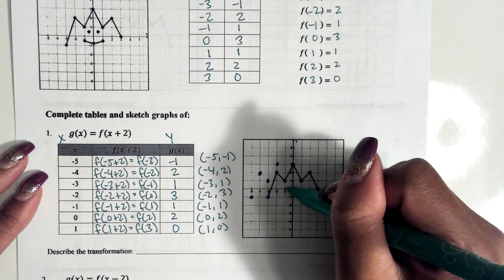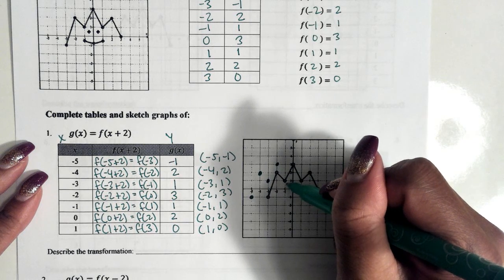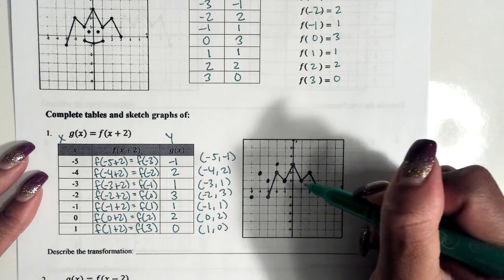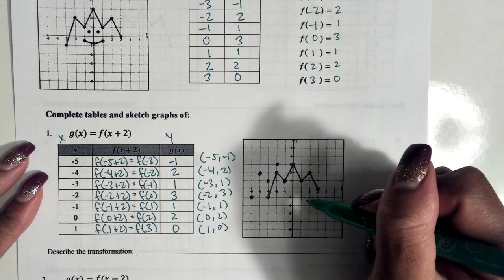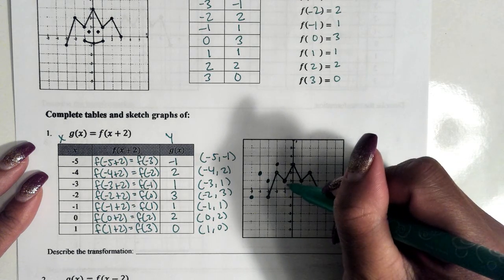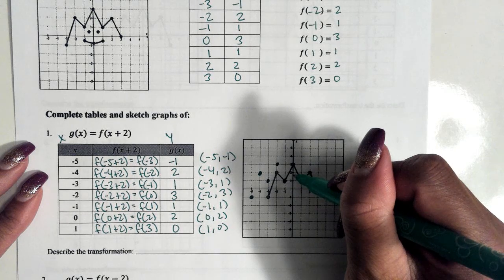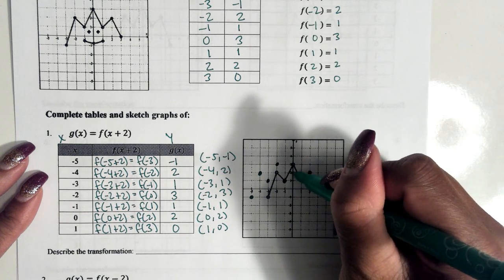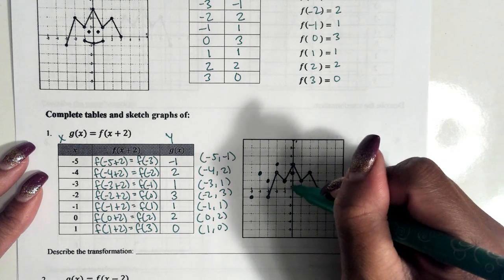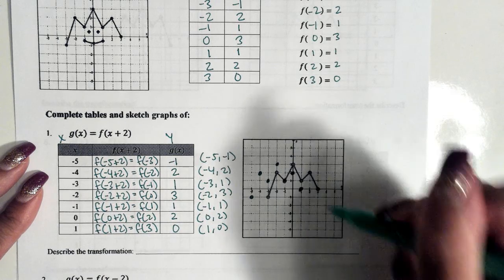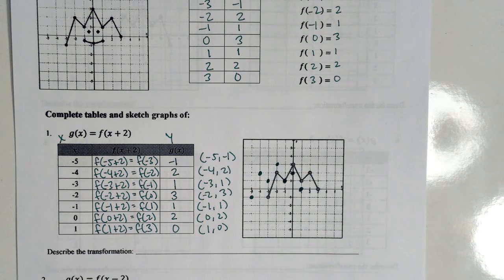Then we have -1, 1. And we have 0, 2. Then we have 1, 0. So there are our points, and we're going to connect those dots together.